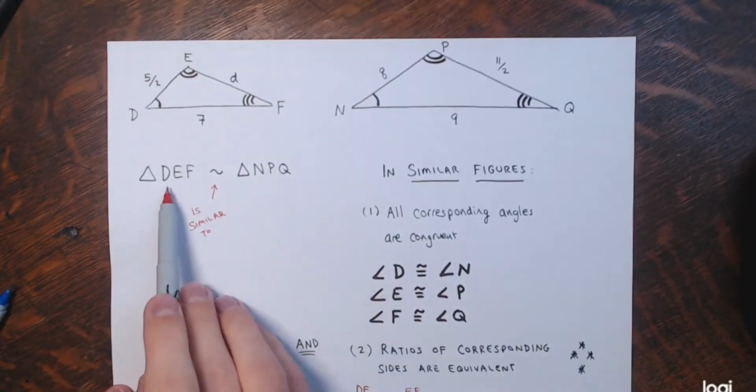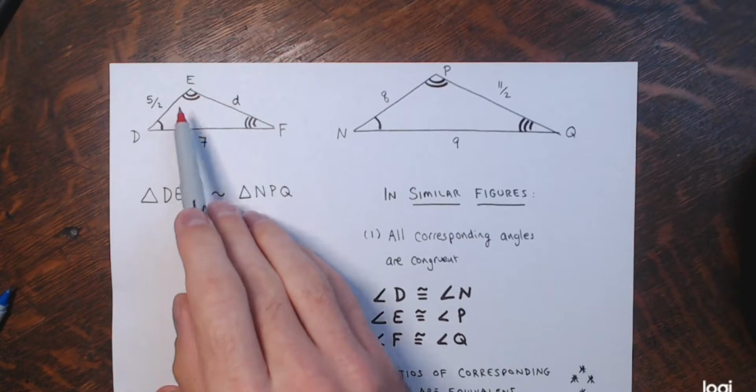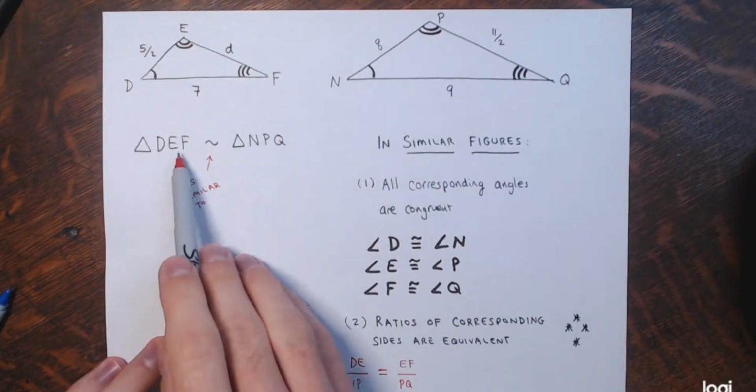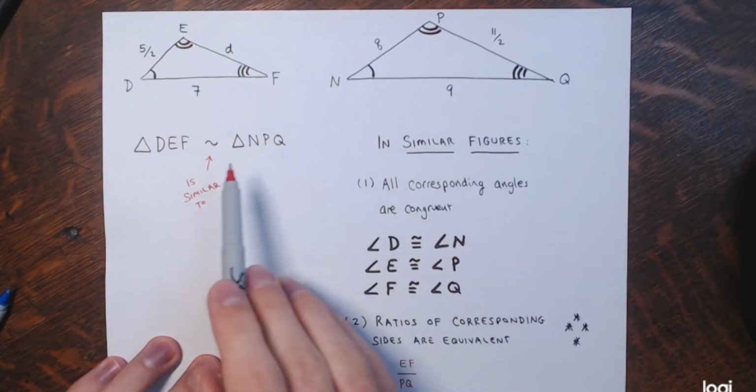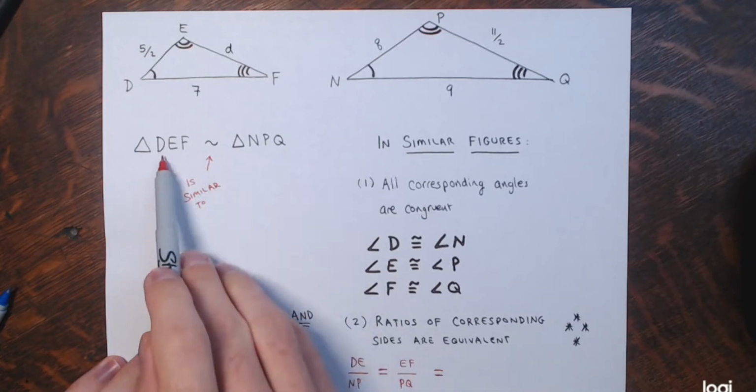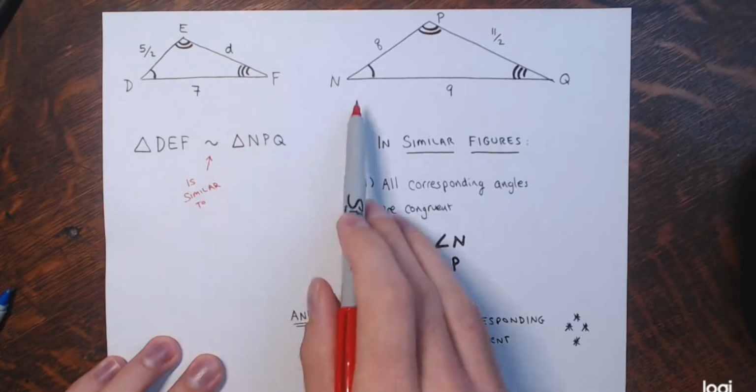So the ratio of length DE to NP should be the same as the ratio of EF to PQ, and that'll also be equal to the ratio of DF, the third side, to NQ.